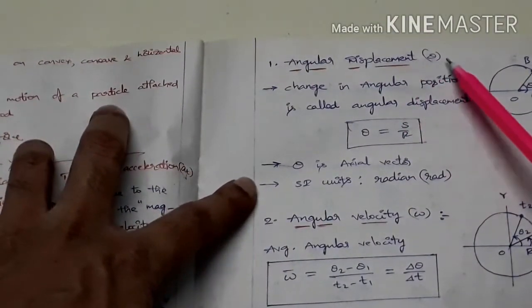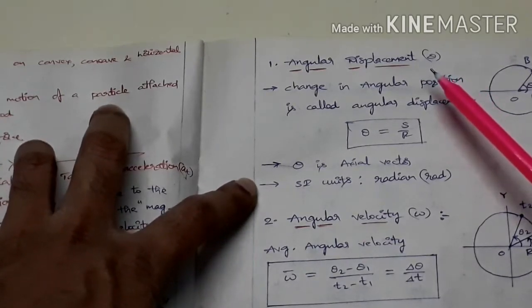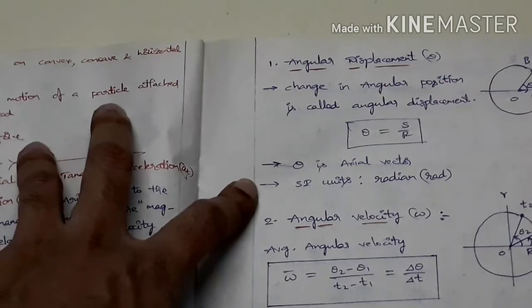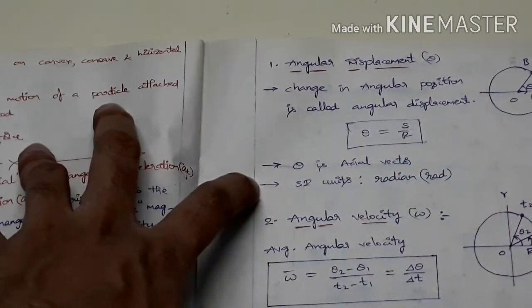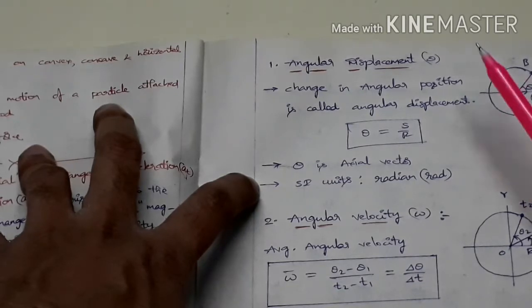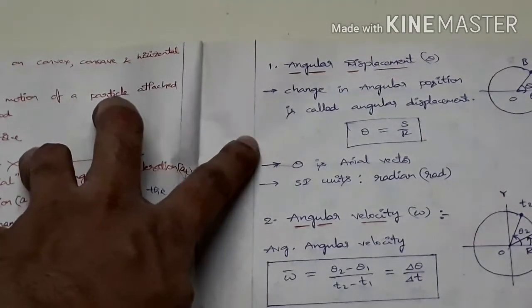So kinematics of circular motion in terms of angular version means we have to consider the angular motion here. So here the position of the particle at any instant of time is given by the radius vector. So if the particle moves on the circumference of the circle, this radius vector also sweeps some angle here. So let us see the angular variables here.